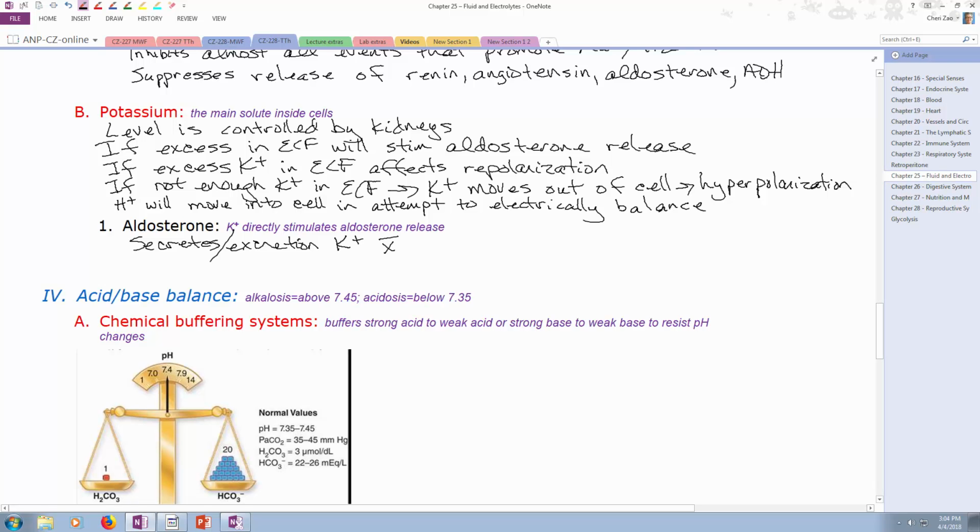But if we are acidotic, what will happen is aldosterone and acidosis will cause proton or hydrogen ion secretion or excretion instead.